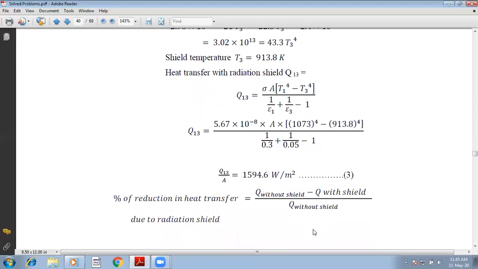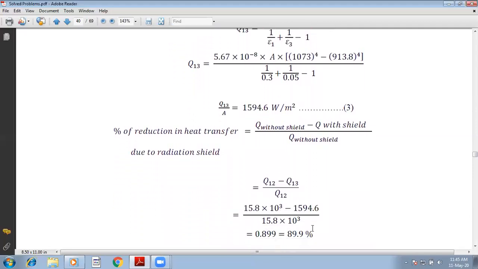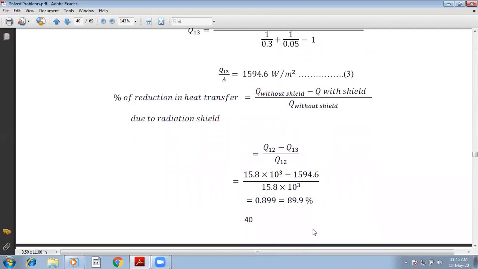Now if you place the values that you have obtained, you will get 89.9% of reduction after introduction of radiation shield.